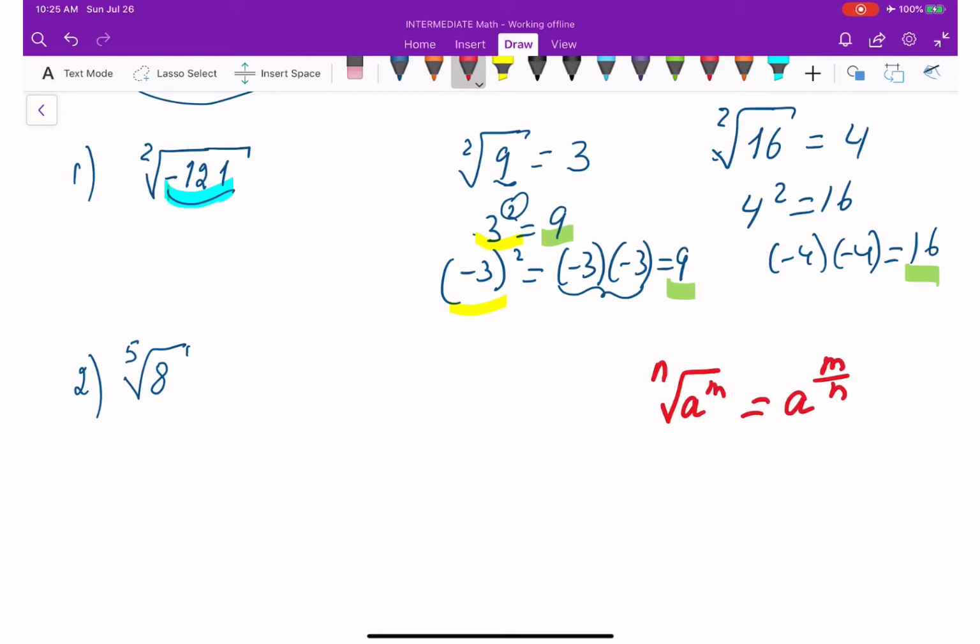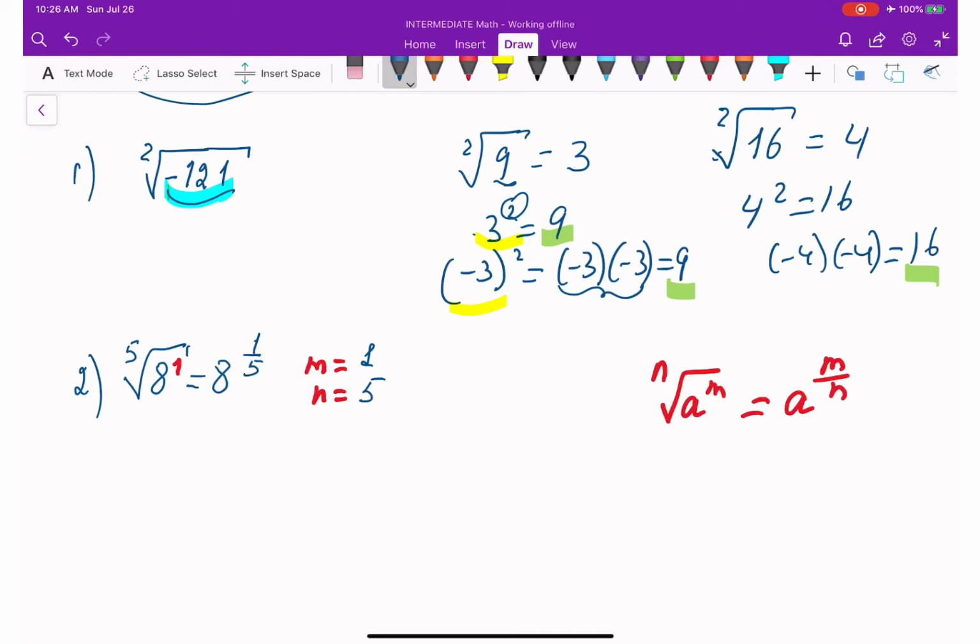So what do we have here? Radical degree 5 of 8. So my m is 1 right here, right? And n is 5. So my answer will be 8 to power 1 over 5. That's all. This is a rational exponent, right? Because it's a fraction. Rational meaning fraction.